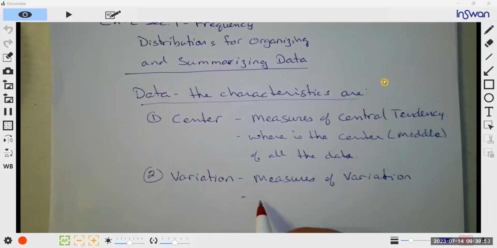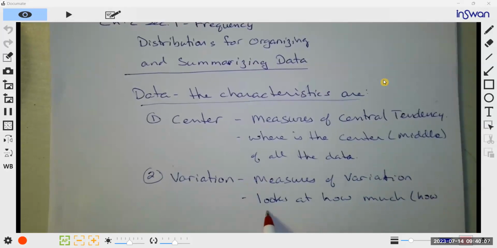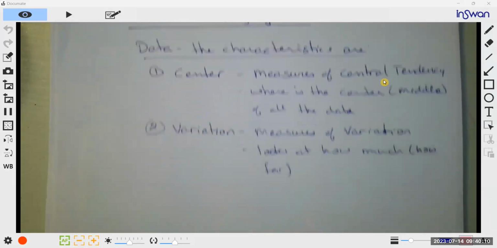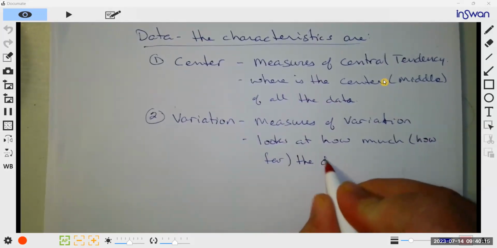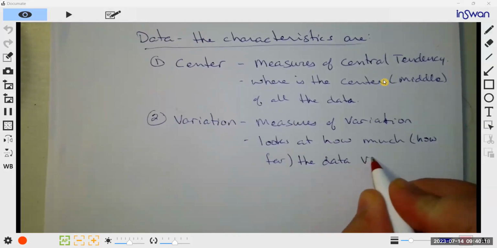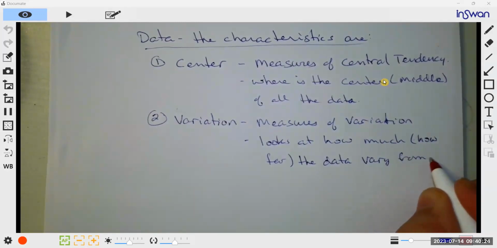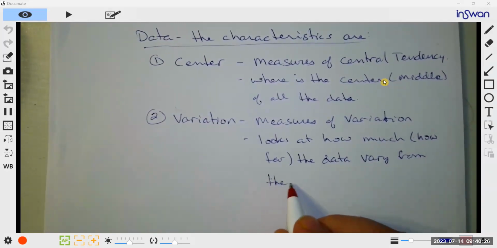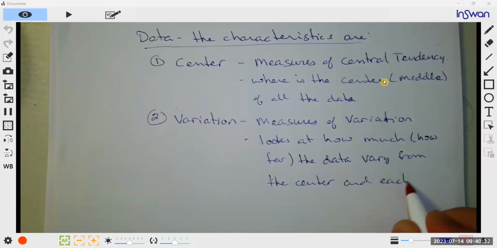What this looks at is how much or how far the data vary from the center and each other.